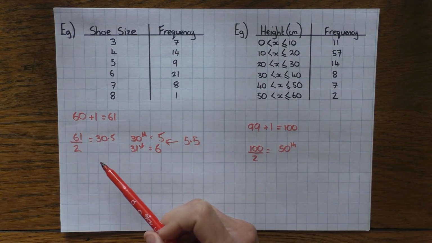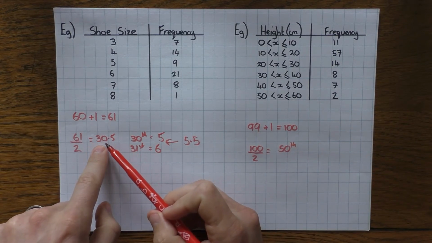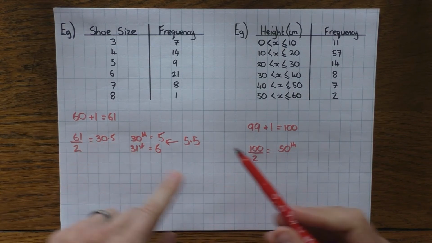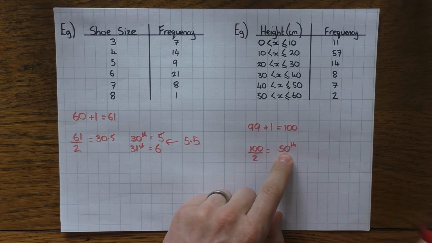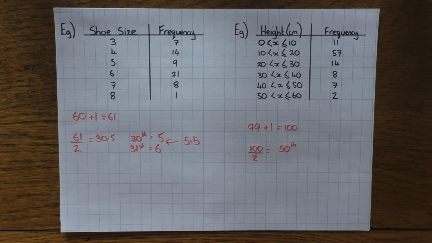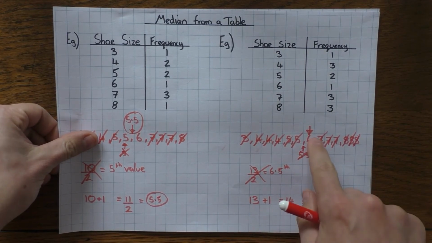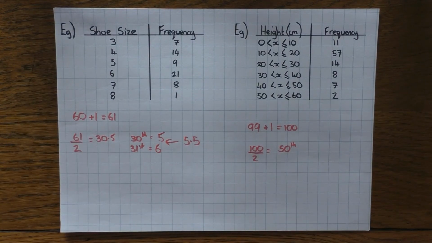Okay, so I don't have to worry, because it's not in between any values here, so I don't have to do what I did here and work out the value below, the value above it, and then go in between them. I just want the 50th value. So it's very similar to our second one here, where you actually just work out the exact value of what you want.